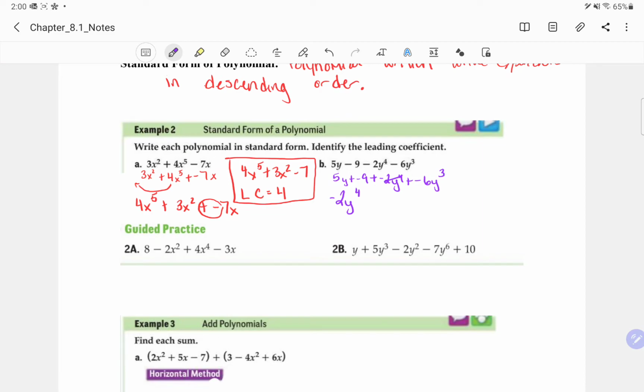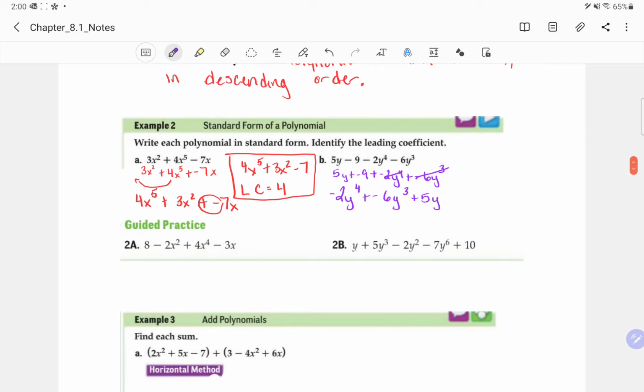After that, I have a 3rd, so I'm going to go plus negative 6y to the 3rd. And then my next exponent is just a y to the 1, so I'm going to have plus 5y. And then the last thing I have is plus negative 9. I'm going to rewrite this without all my double signs. So I have negative 2y to the 4th, minus 6y to the 3rd, plus 5y minus 9.